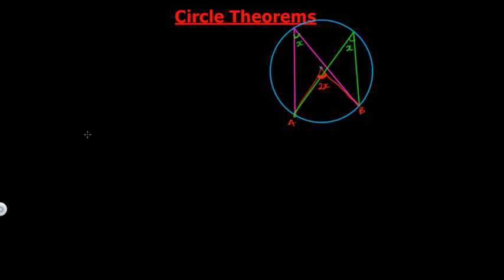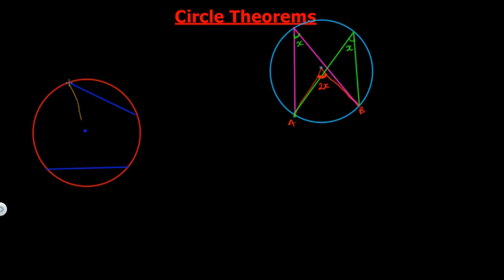Again, we also learned that for a circle with two equal chords, if we have a circle in which two chords are equal to each other, the angle the two chords make with the center, if we have it this way, the angle here will be the same as the angle this will make with the center.